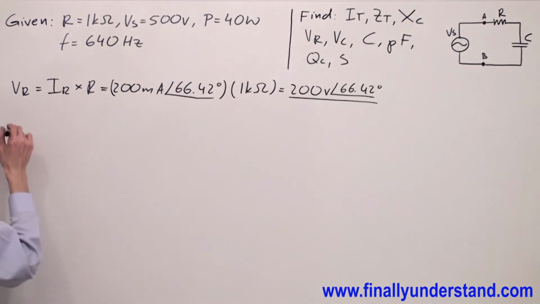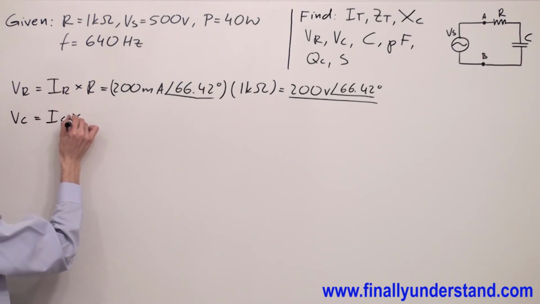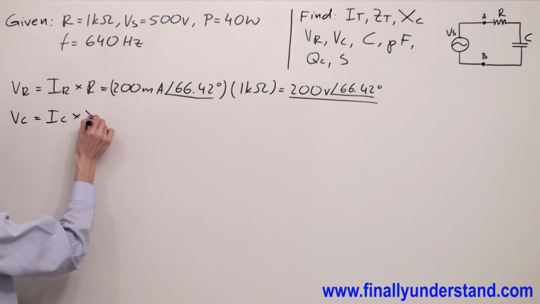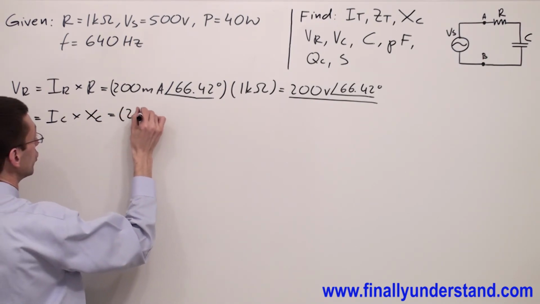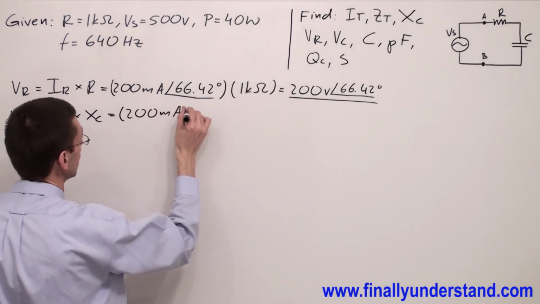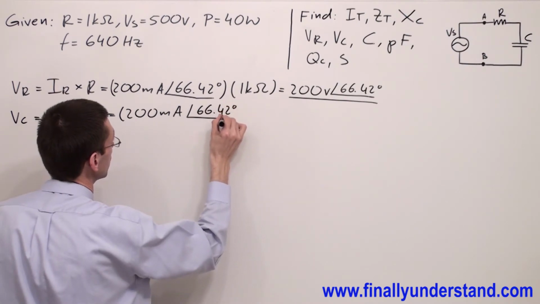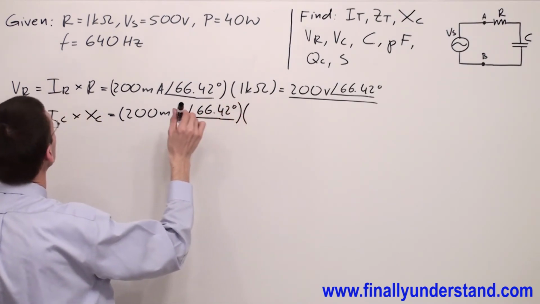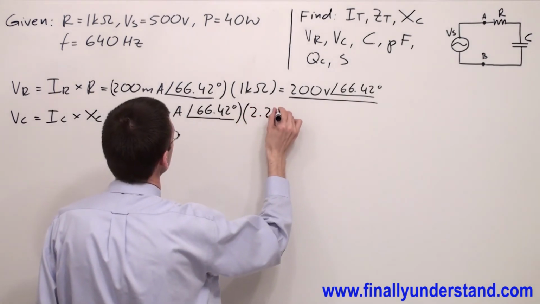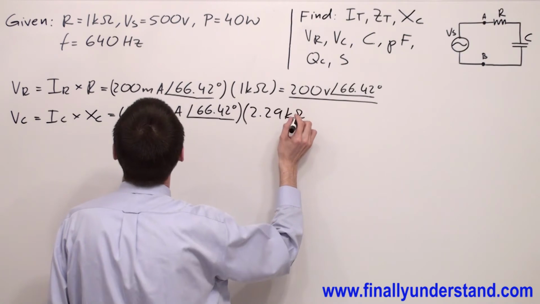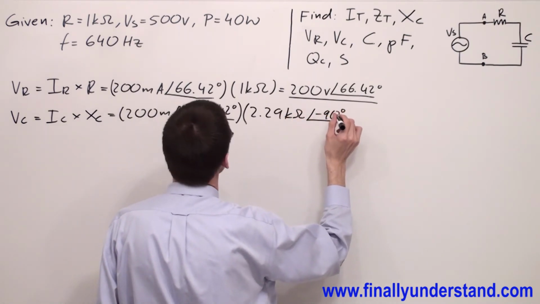If you want to find the voltage across the capacitor, this is IC times X of C. So I have 200 milliamps, an angle of 66.42 degrees, times X of C, which is equal to 2.29 kiloohms, and angle of negative 90 degrees.